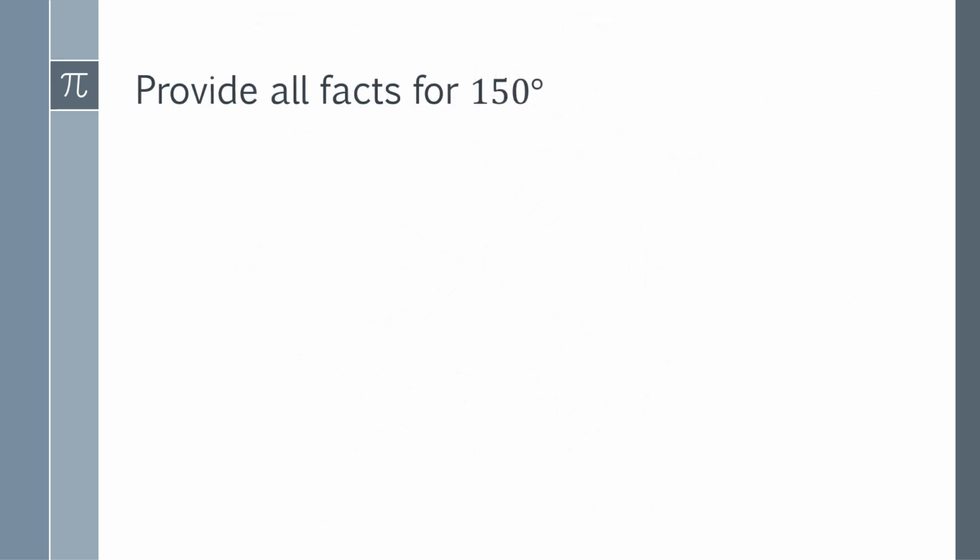Alright, so let's prove all the facts for 150 degrees. Well, I know the radians of this, the 150. The radian measure of 150 is 5 pi over 6. So I do know that off the bat.